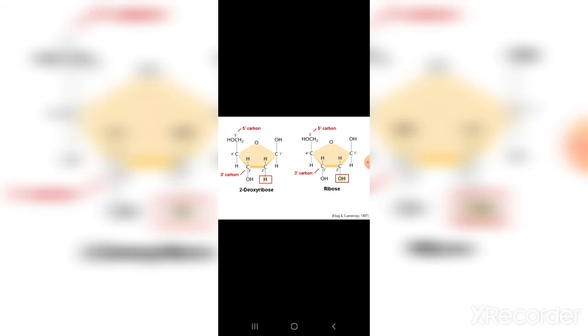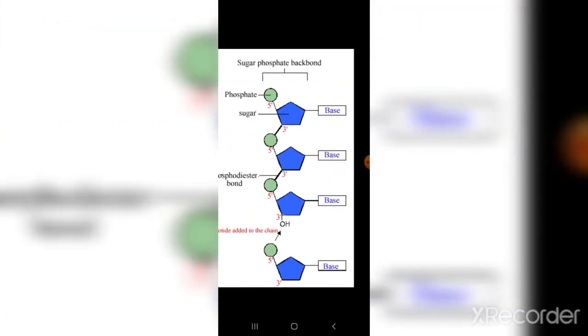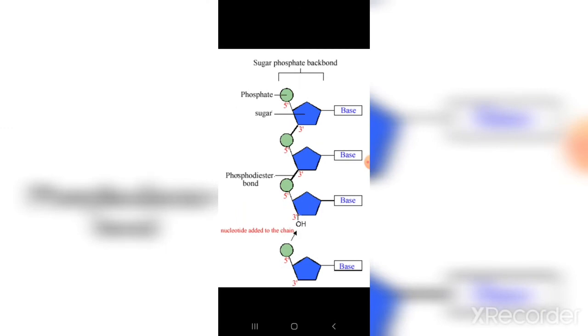What is a nucleotide? It is the addition of a phosphate group to the nucleoside. This DNA structure is a polymer of these nucleotides. If you go through the structure of a nucleotide, this is the basic sugar phosphate backbone. You can see the blue one is a pentose sugar.